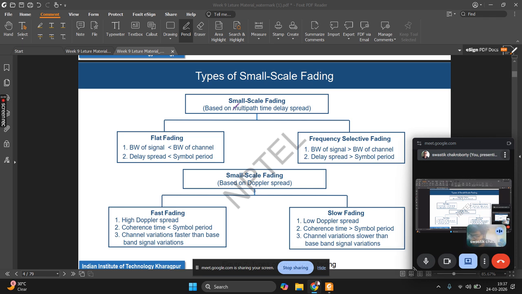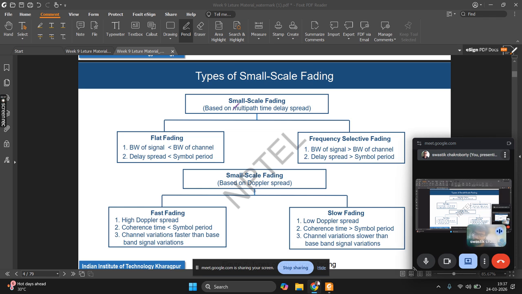But because of high Doppler spread, the time for which the channel is constant, which is basically the coherence time, may be lesser than the symbol period. So the coherence time is not even one symbol period.